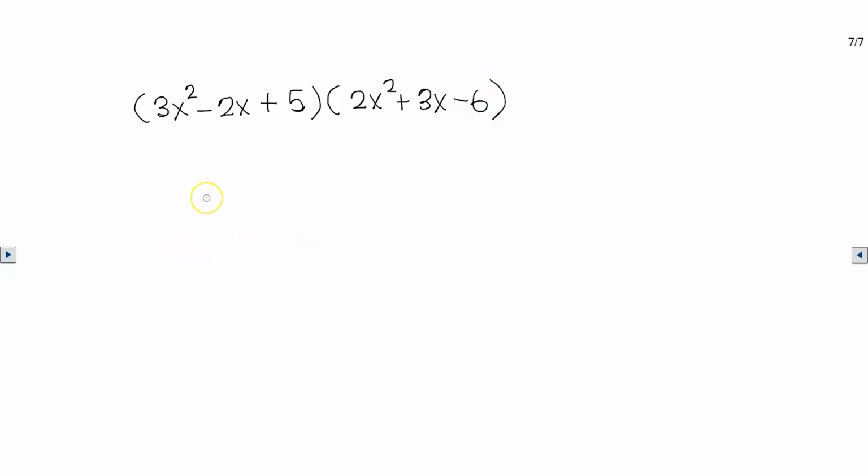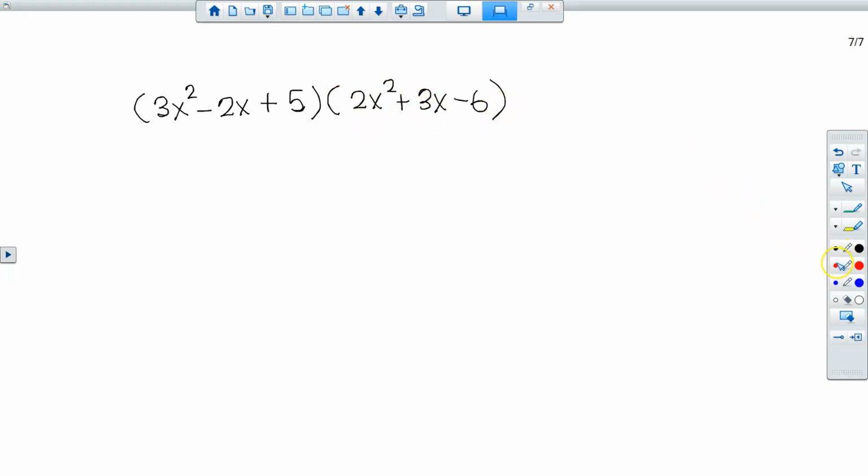So notice, still a multiplication problem just like all of these other examples we've done, but there are more terms. Your first polynomial has 3 terms, 3x squared, negative 2x, and positive 5. And your second polynomial has 3 terms, 2x squared, plus 3x, and negative 6. Now, that's not going to change how I'm going to do this problem at all.